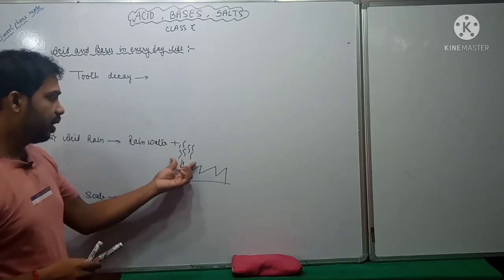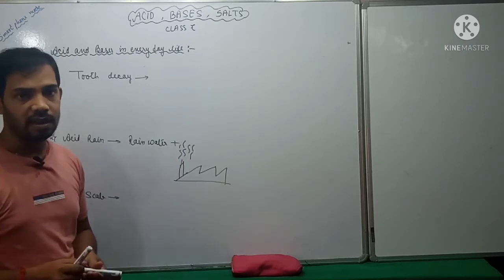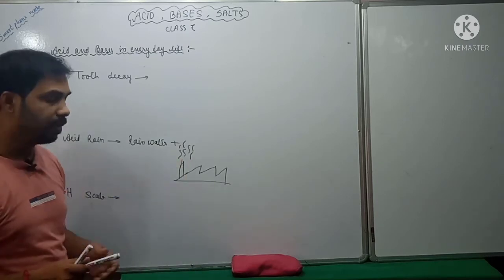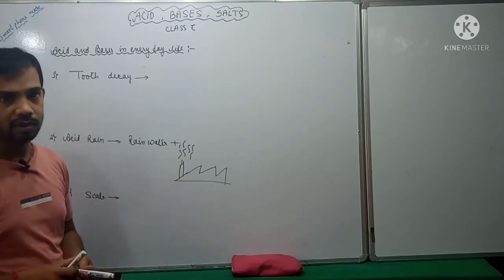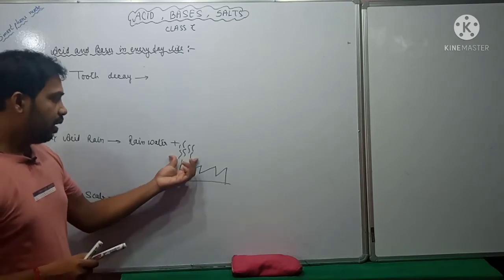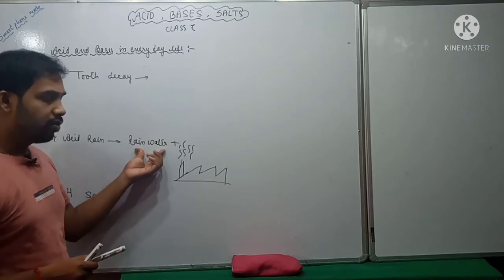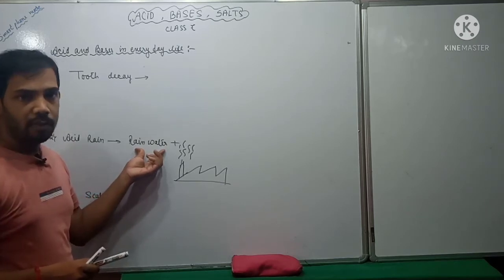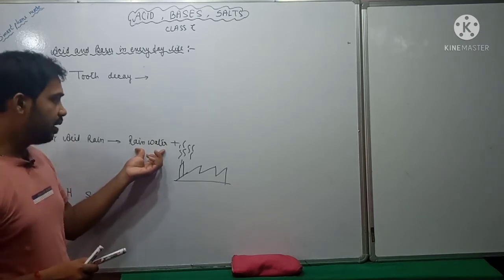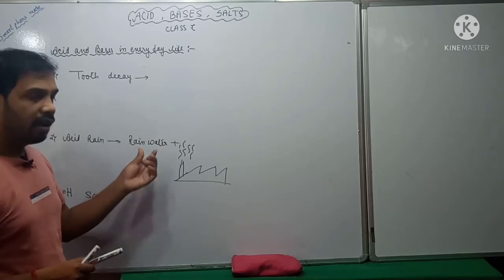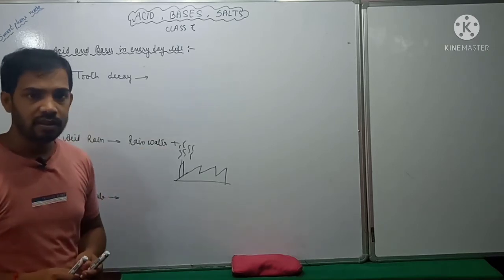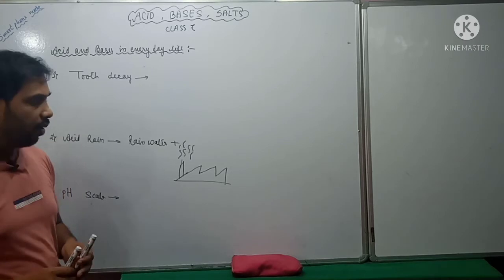These pollutants contain nitrogen and sulfur. Now they mix with the air and form nitrogen oxide and sulfur oxide. Now they mix with the atmosphere and form acid, and this acid mixes with the rain and falls down, and this forms acid rain. So how is acid rain formed?